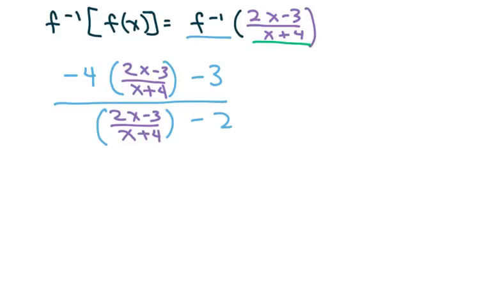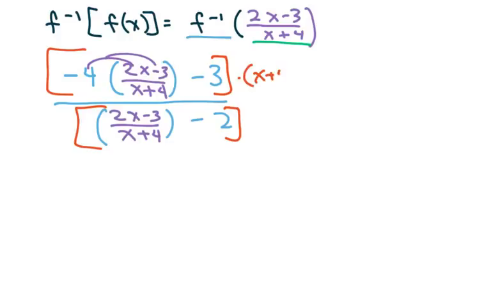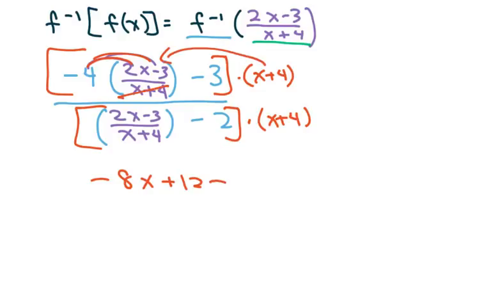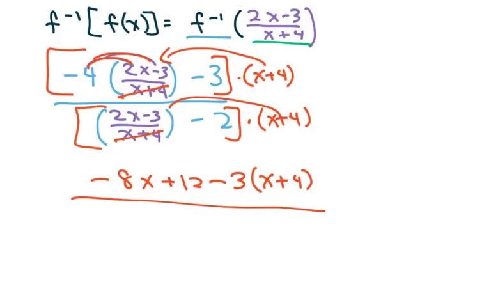Now, you can go ahead and distribute this, but what I'm going to do is clear the fractions here in the numerator and the denominator by multiplying this by x plus 4. And when you distribute here, you get negative 8x plus 12. This will cancel when you distribute, and then you get minus 3 times x plus 4 over, this is going to cancel when you distribute.